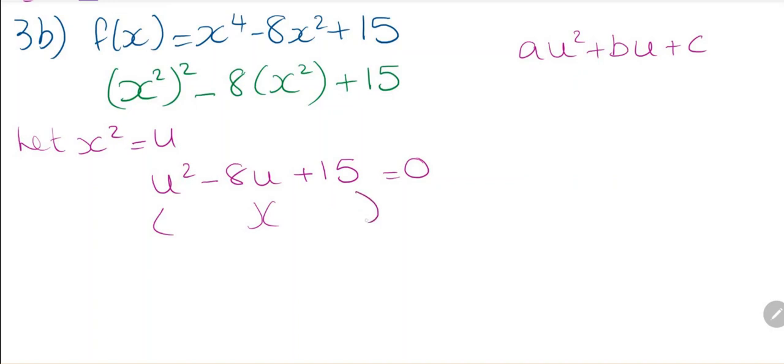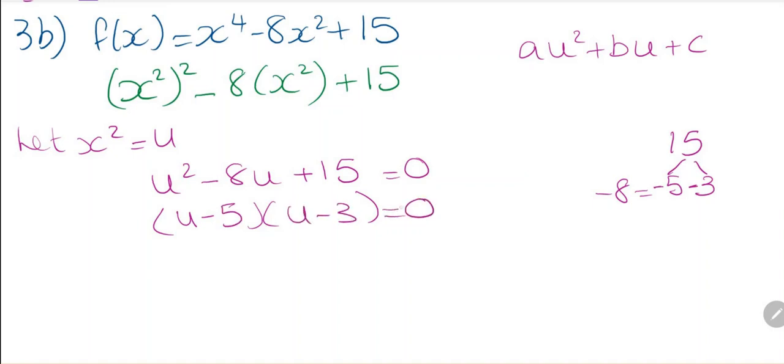I'm looking for factors of 15 that will form minus 8. So we've got 5 and 3. They need to be negative to give a positive answer, so they're both going to be minus. So we write u minus 5 and u minus 3 equal to 0.